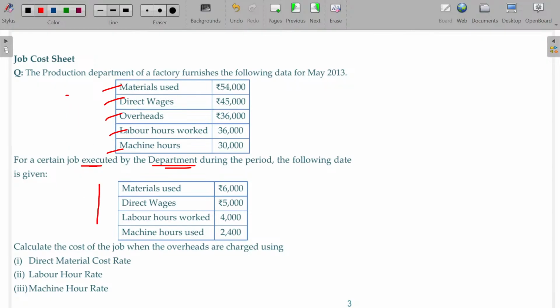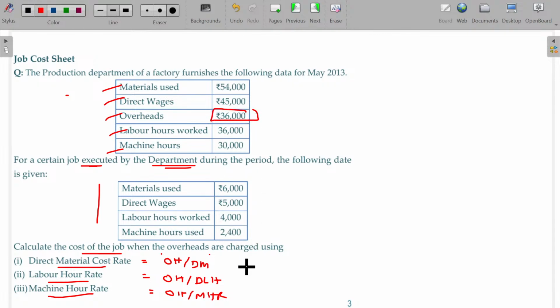This is what the job is supposed to carry. Calculate cost of the job when the overheads are charged using direct material cost rate, labor hour rate, or machine hour rate. That's all. Overhead recovery rate will be calculated differently. In case of direct material cost, overhead divided by direct material. Labor means overhead divided by direct labor hour. Machine rate means overhead divided by machine hour rate. Is that okay?